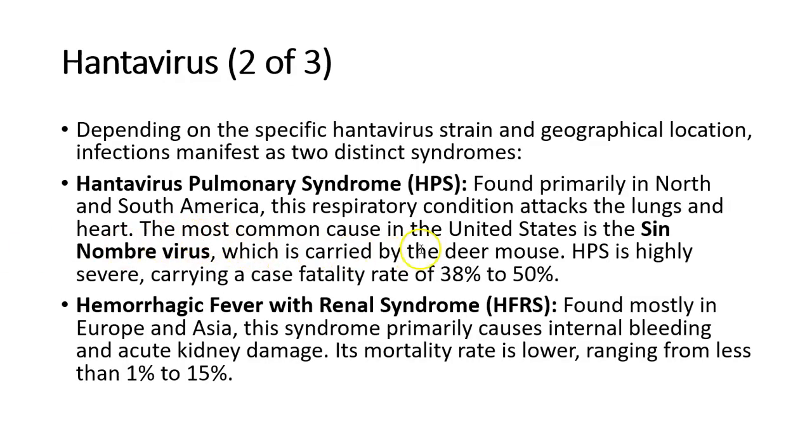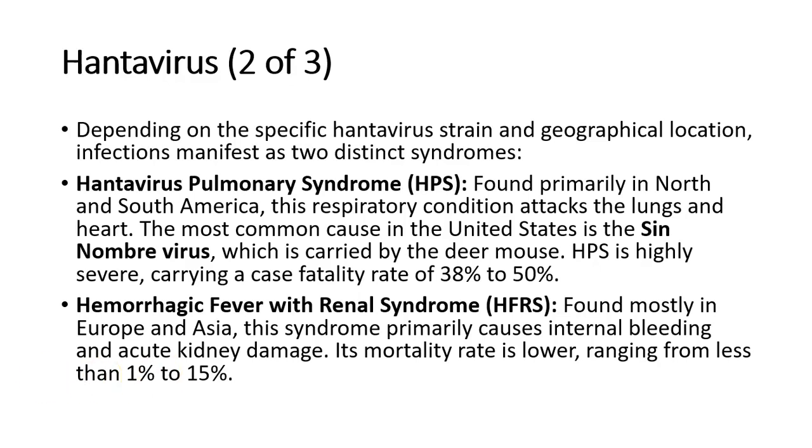Now, we do have deer mice in North Carolina, but unlike the Four Corners area of the United States, we've only had like one case in North Carolina. So our lovely little mice don't really carry too much hantavirus, or we don't come in contact with it enough.